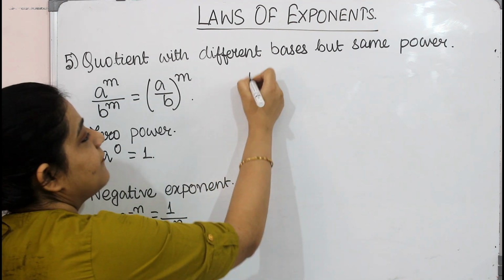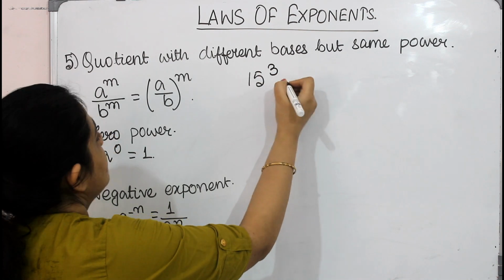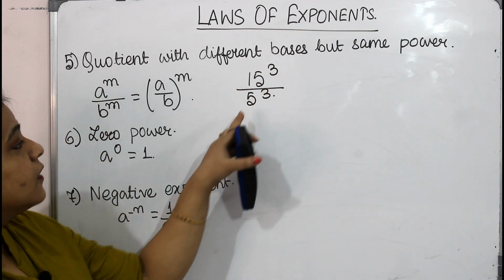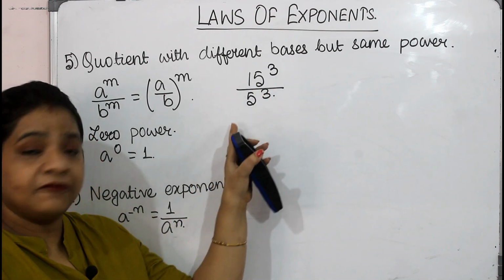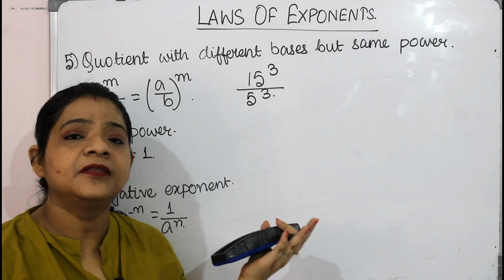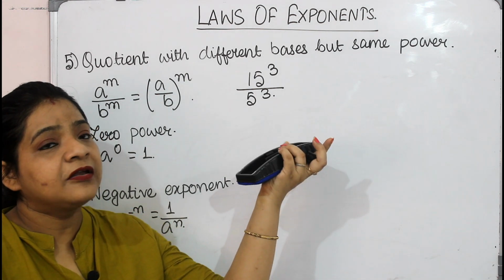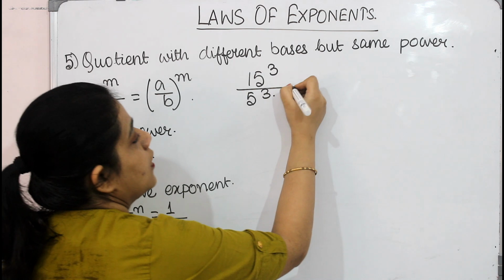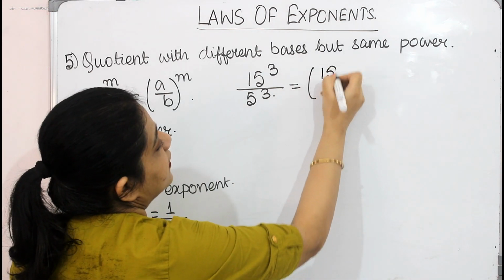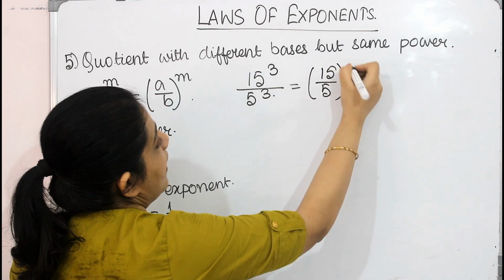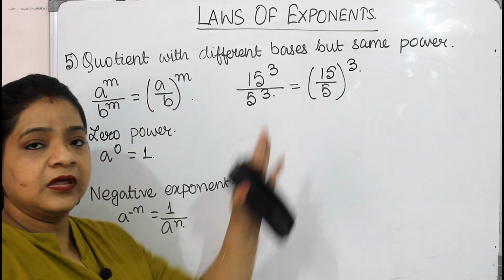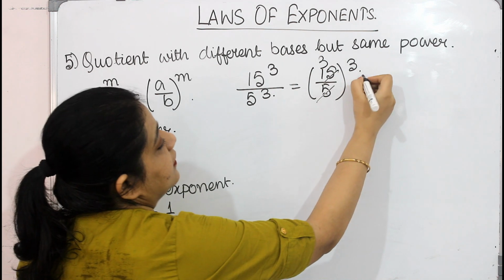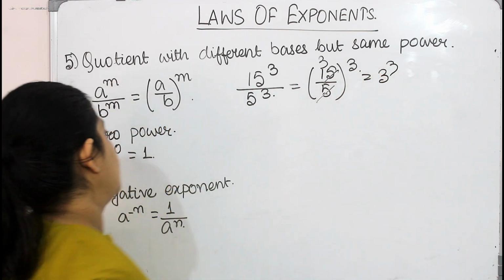Like 15 to the power of 3 divided by 5 to the power of 3. Both have different bases, 15 and 5, but the same power. You just divide 15 by 5 and write the power 3 as common. 5 3s are 15, so that is 3 to the power of 3.